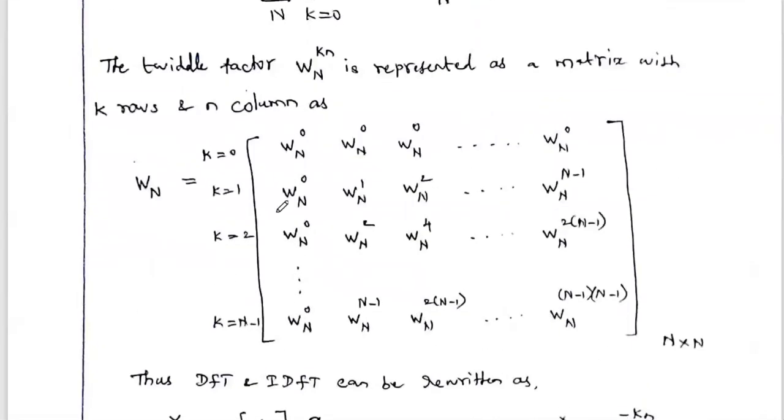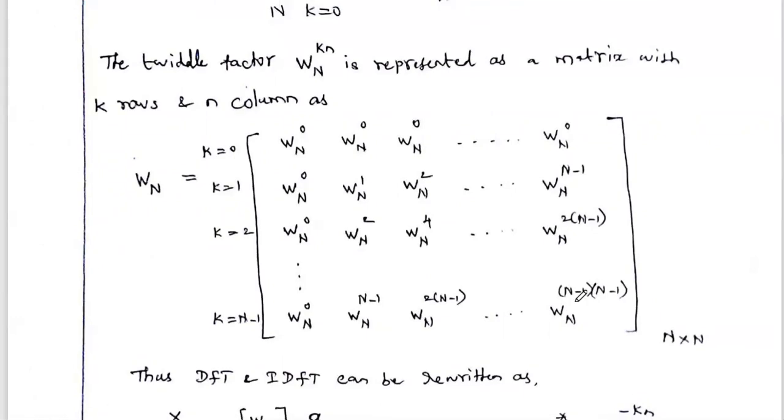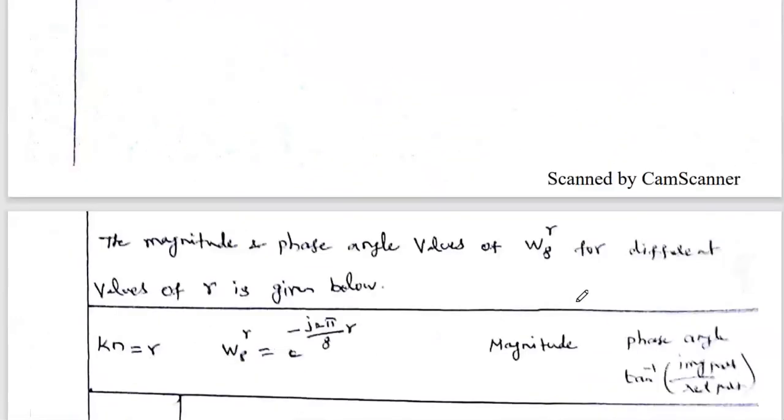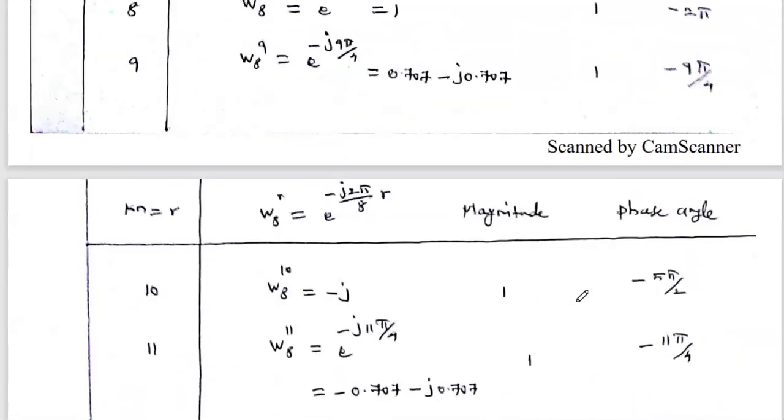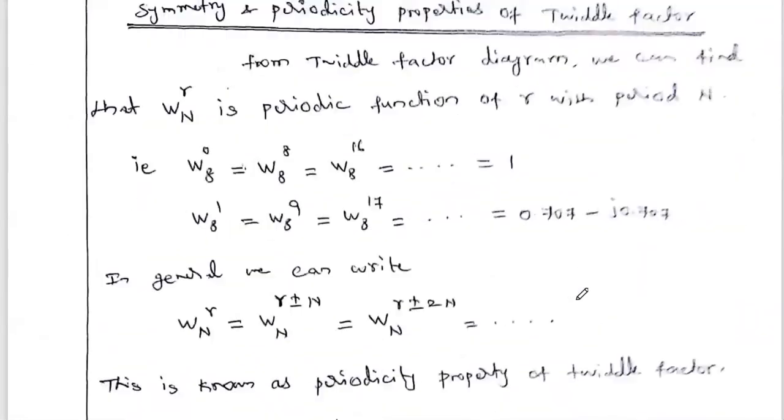This is the general N by N Twiddle factor matrix, consisting of k number of rows and n number of columns. How to construct this Twiddle factor, we already discussed in the previous video. I will give the link in the description box, if you want to verify. Similar to the 8-point Twiddle factor matrix, there is also a 4-point Twiddle factor matrix.